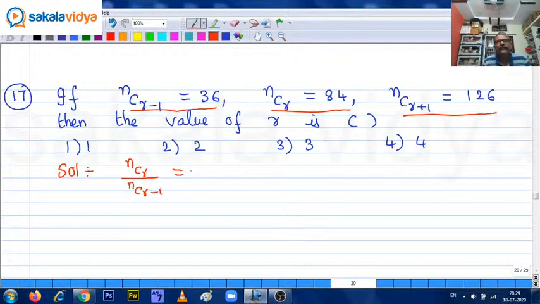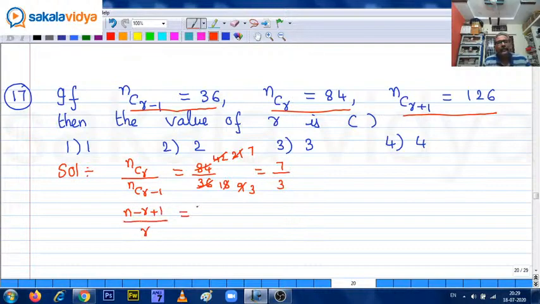We have the shortcut formula for this one. 84 upon 36. This will be 7 upon 3.